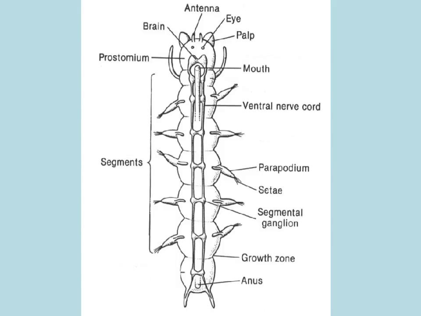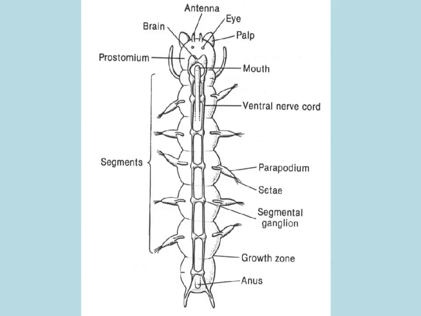The segmental ganglion, that is the nerve cord, is just showing you the nerve cord that runs down the length of the body on both sides. And there is also a circulatory system that runs down the length of the body.